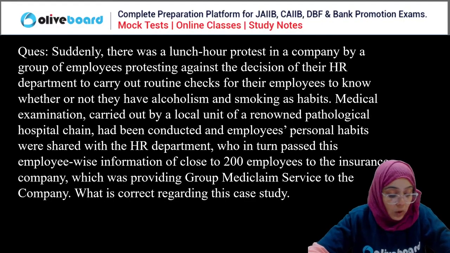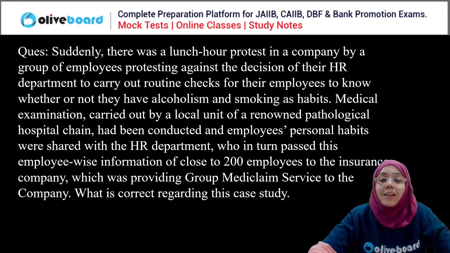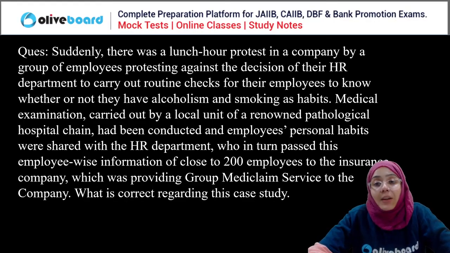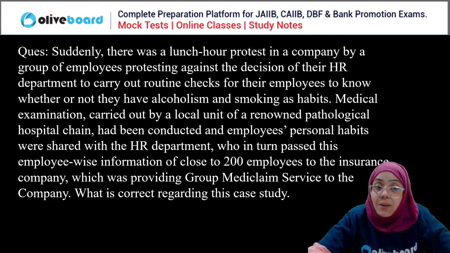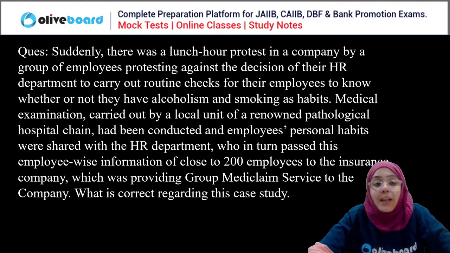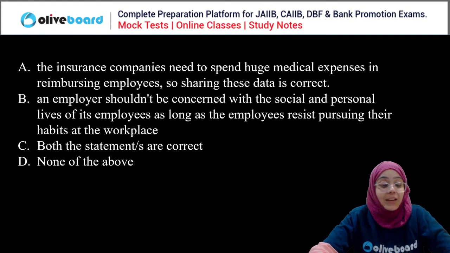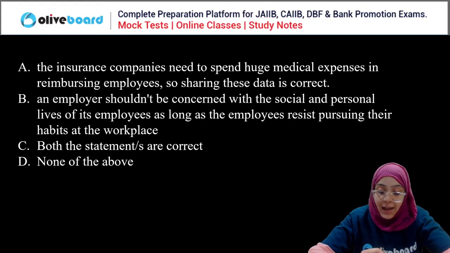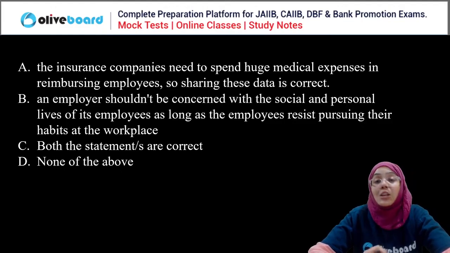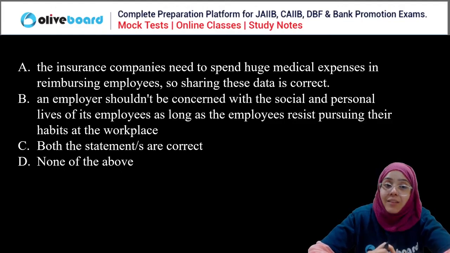Okay, so you are all saying B. Yes, obviously, there is a lunch hour protest in a company by a group of employees against the HR department carrying out routine checks on the employees. Because the data has been shared with HR and then in turn shared with the insurance company, that is actually a breach of privacy for the employees.